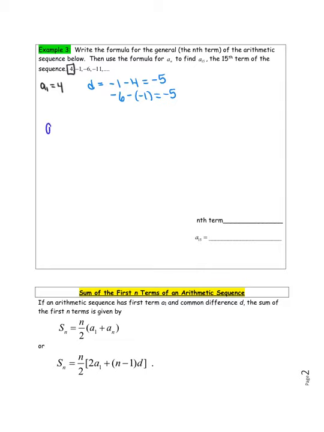And my formula is a sub n equals a1 plus parentheses n minus 1 times d. A sub n is equal to 4 plus n minus 1 times d, which is negative 5.